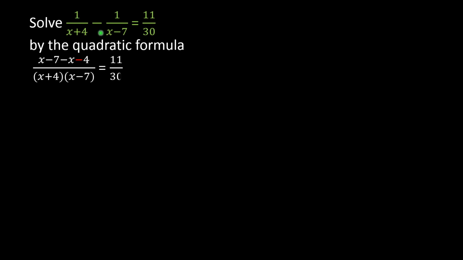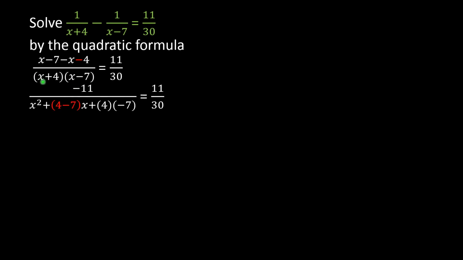So 1 multiplied by x minus 7 will be x minus 7, because minus 1 multiplied by x will be minus x, and minus 1 multiplied by plus 4 will be minus 4, divided by x plus 4 multiplied by x minus 7. Now here x minus x will be 0 and minus 7 minus 4 will be minus 11.